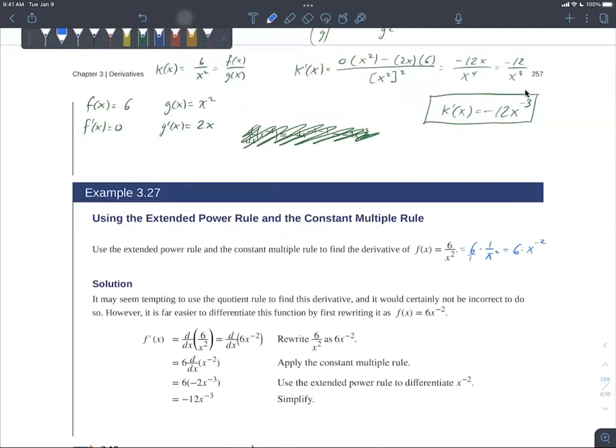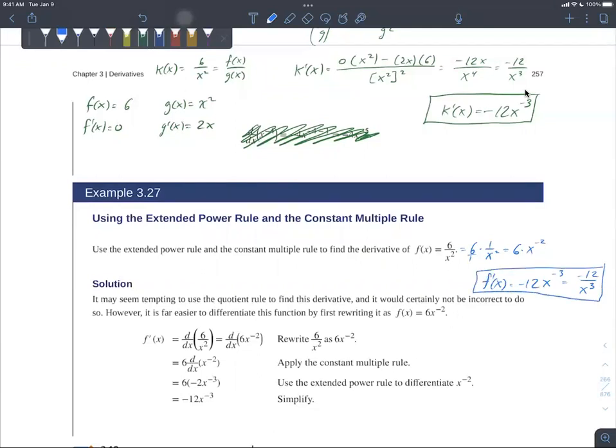And now we can just use the power rule here. The derivative f prime of x is going to be, we multiply this exponent times a constant. That's going to be -12, and then x raised to the -2 minus 1 is -3. And notice we have the exact same answer in basically one step.